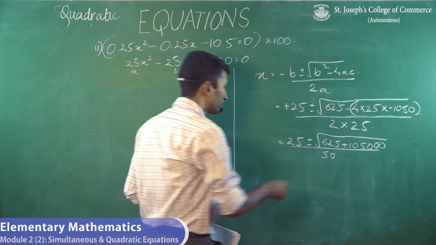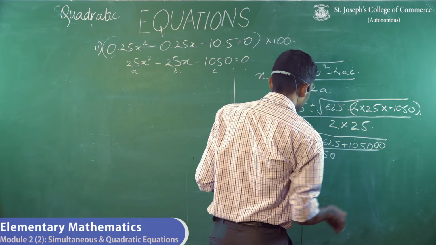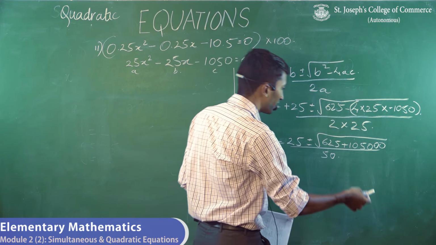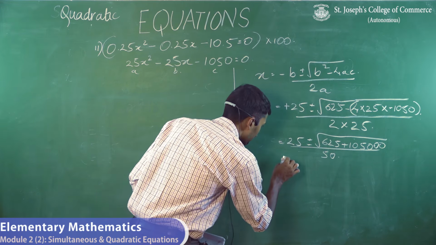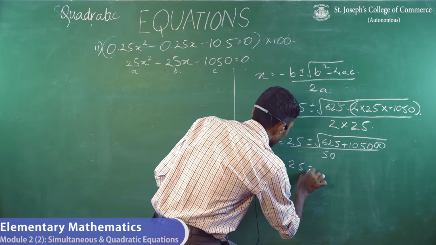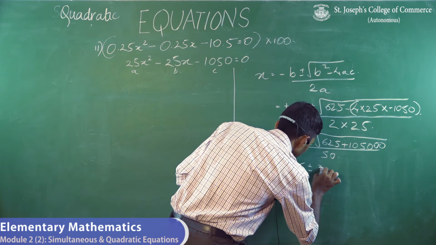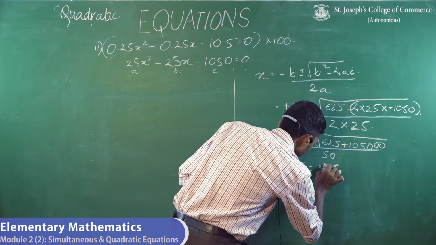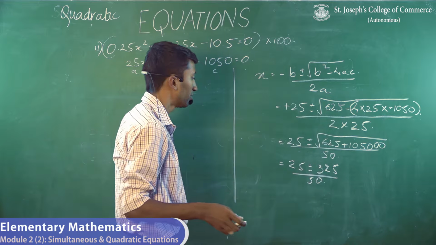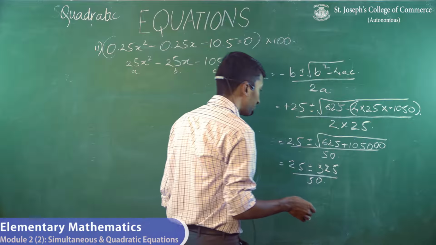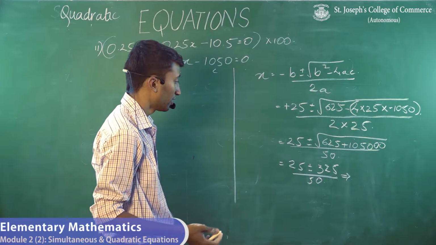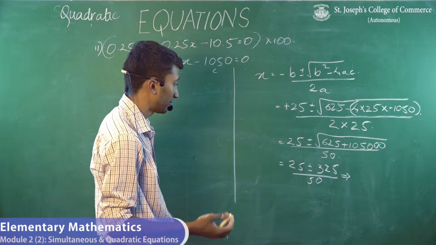If you solve this, 1,05,000 plus 625 and the square root would give me 325. So that would be 25 plus or minus 325 divided by 50, which I would split and get 25 plus 325 and 25 minus 325.